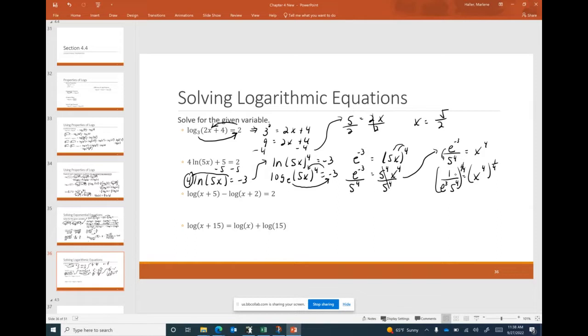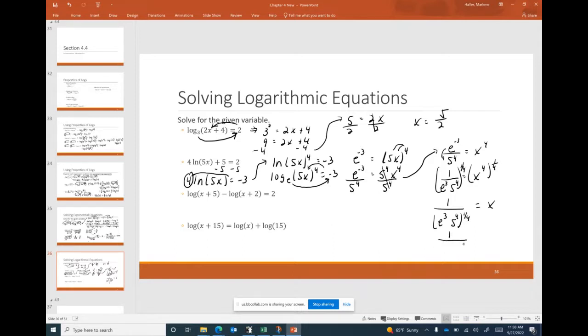1 to the 1/4 power is just going to be 1, so I'll have 1 over, and then down here, putting them together, e cubed times 5 to the 4th, equal to x. That can simplify a little more, because 5 to the 4th raised to the 1/4 is just 5, and e cubed raised to the 1/4 is e to the 3/4.